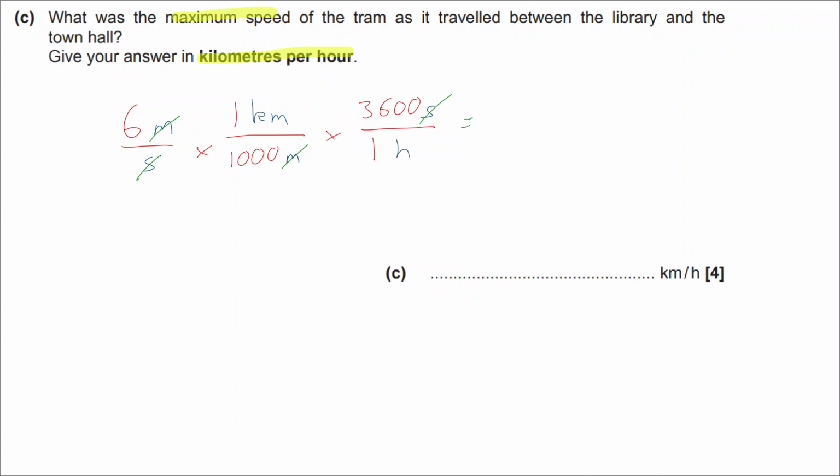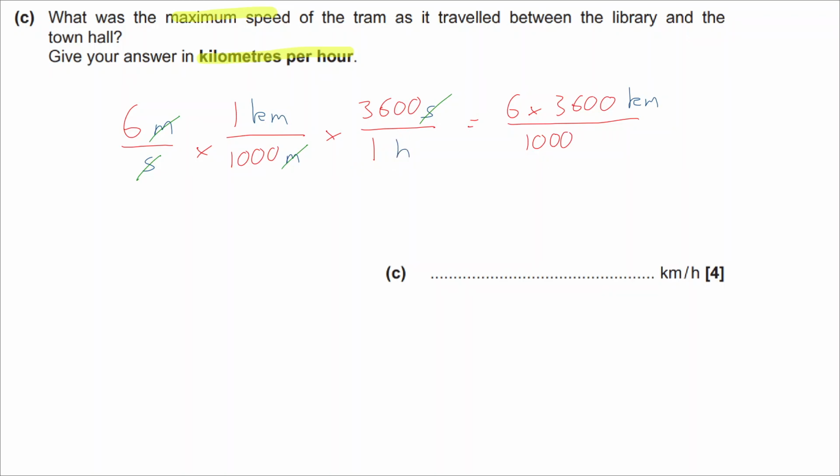So we've got 6 times 1 times 3,600, which is just 6 times 3,600, and the unit is kilometers. This is all being divided by, timesing fractions, just 1,000 on the bottom times 1, which is 1,000, and then that unit is hours.